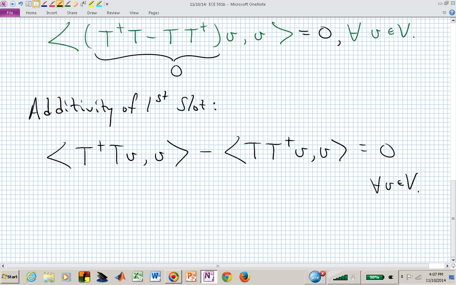And now we can just apply the definition of our adjoint, meaning suppose we group these in a particular way and we simply focus on T dagger in the first slot and T in the second term in the first slot, meaning the first inner product by the definition of the adjoint is equal to that expression with the adjoint of that first operator sliding over to the second slot.